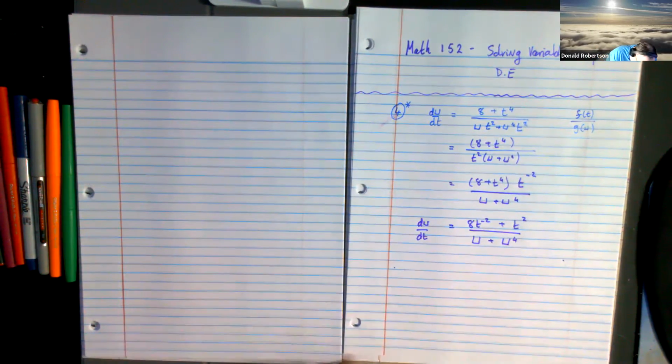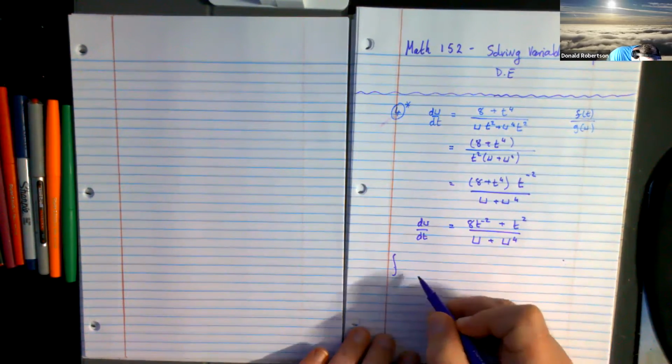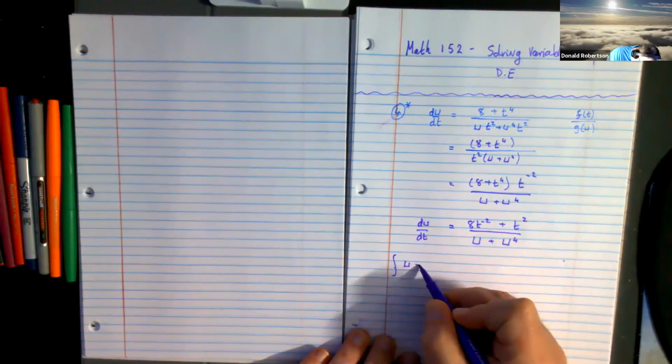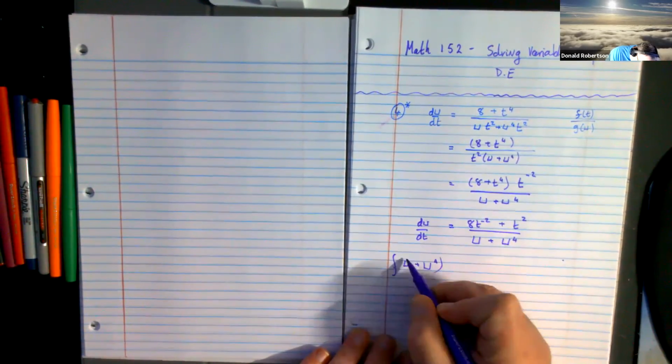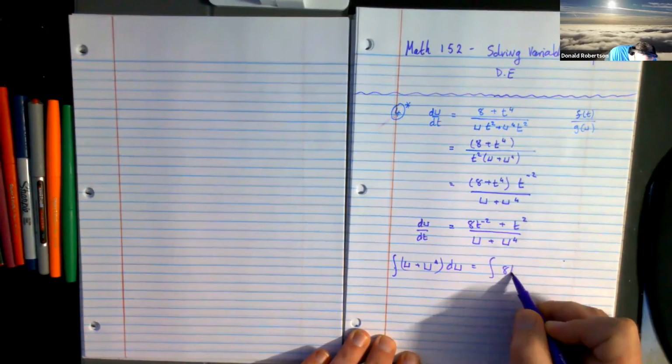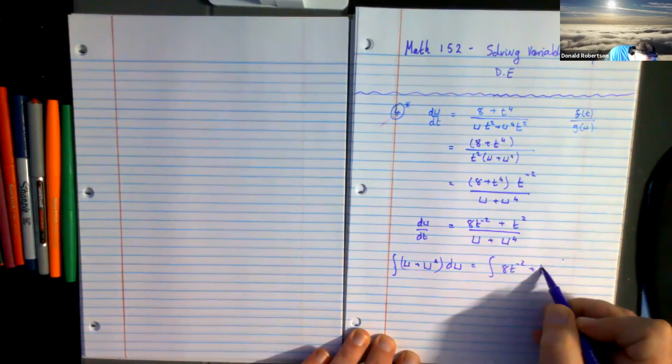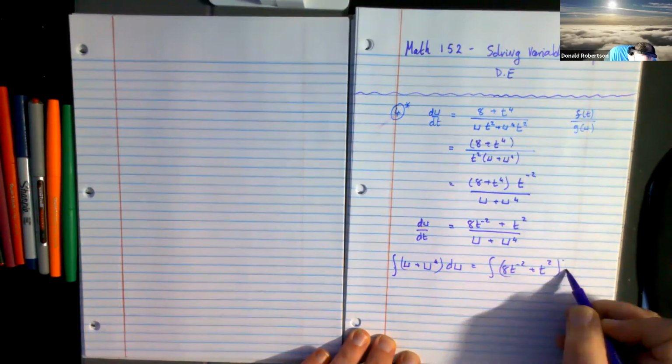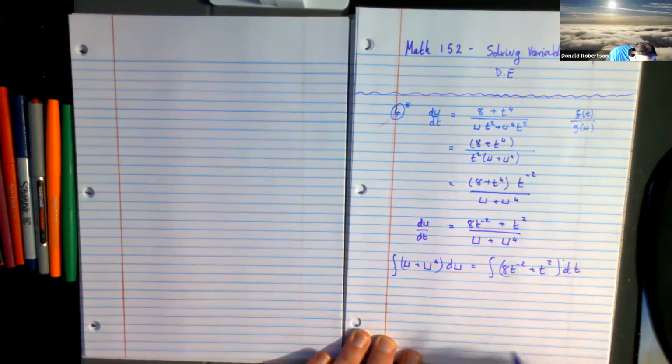So now we can do the crossover thing, which looks like this. And power rule.